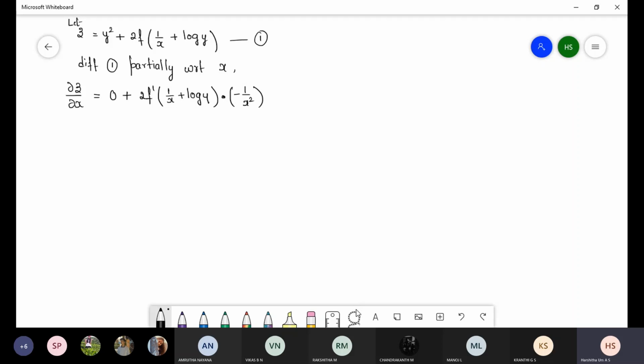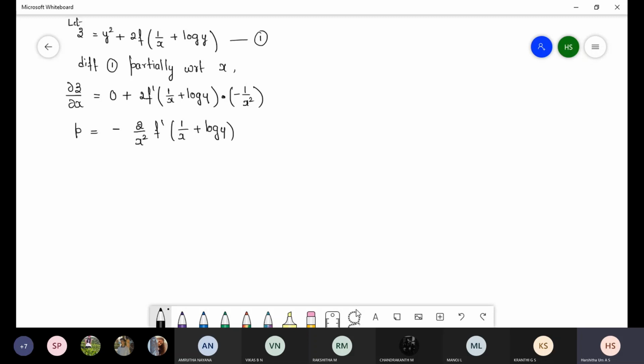According to the notation, dou z by dou x is p, which is equal to minus 2 by x square into f dash of 1 by x plus log y.